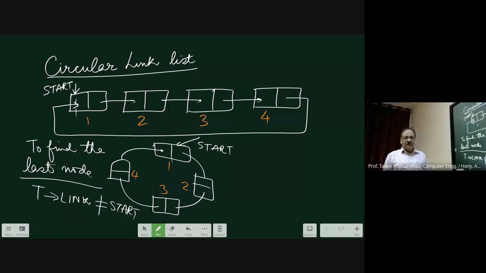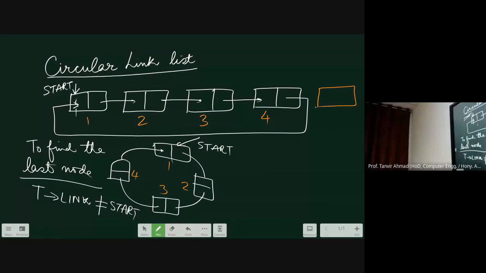Therefore, this is a circular linked list, where if I want to perform insertion, it is the same. If you want to perform deletion, the same. Insertion and deletion will be the same, except that if you want to insert at the last, you have to insert a node over here.